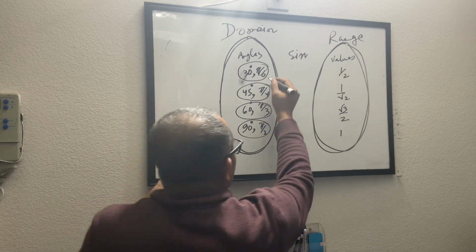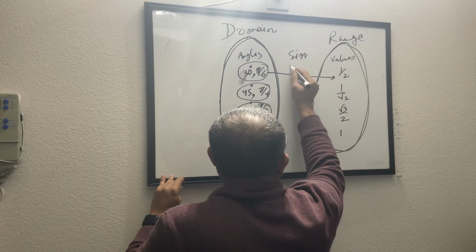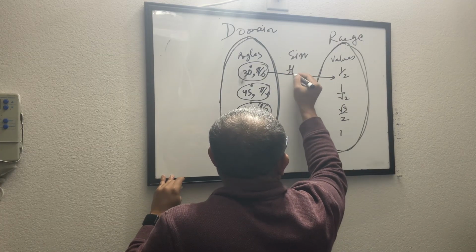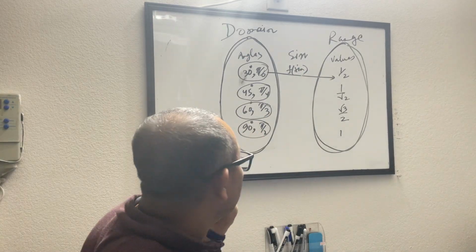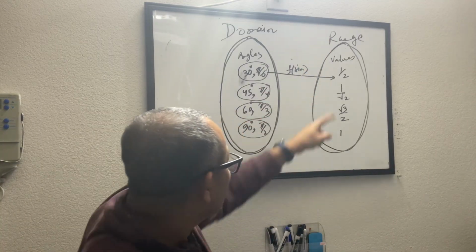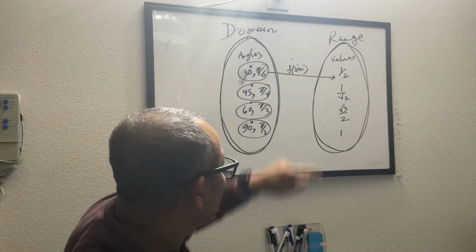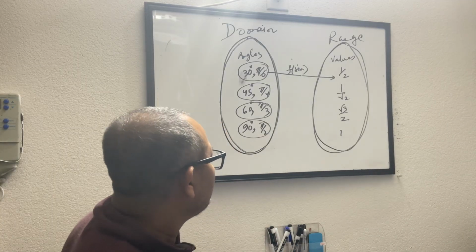Sine of 30 degree or pi by 6 is 1 by 2. I'm just representing that in some layman's way. So with the trig function sine, I am getting 1 by 2 for 30 degree or pi by 6, and these are the values that you would have seen before.